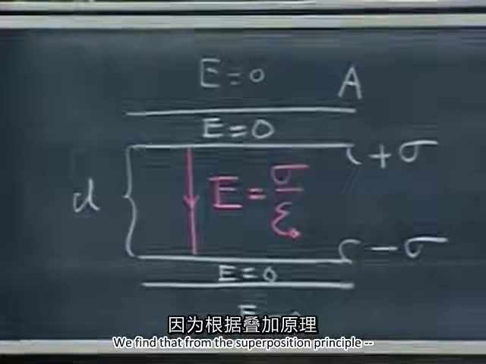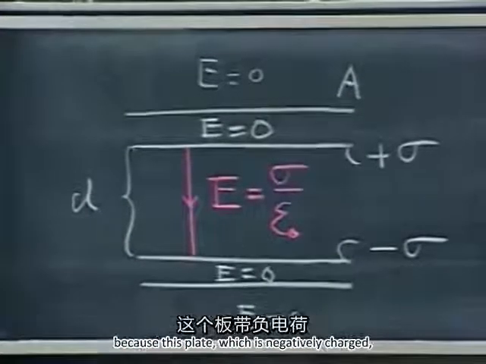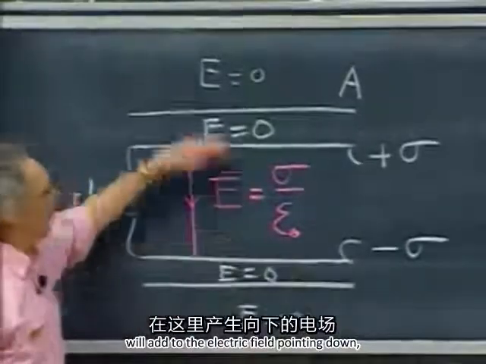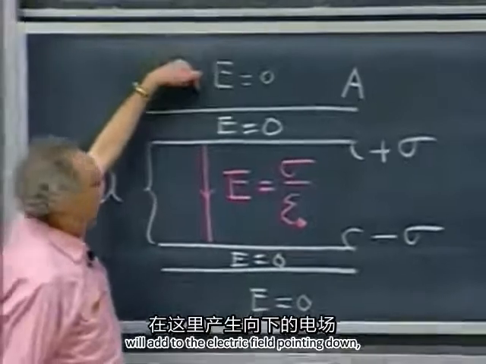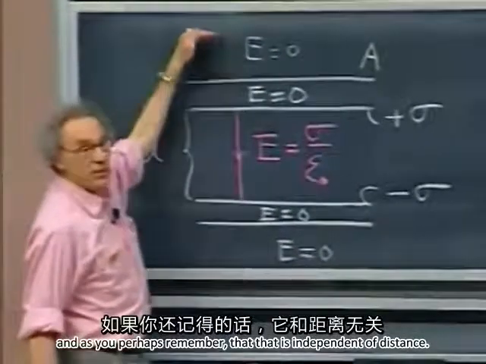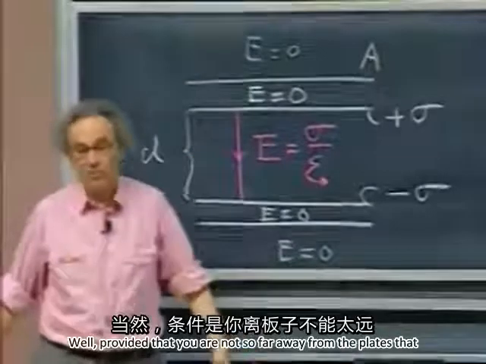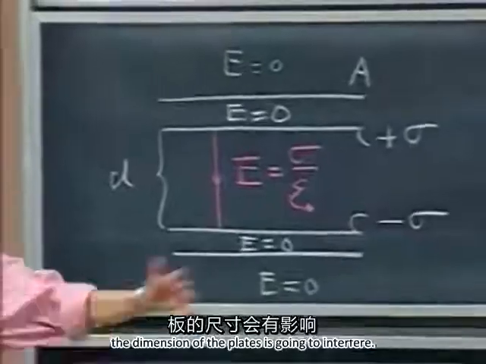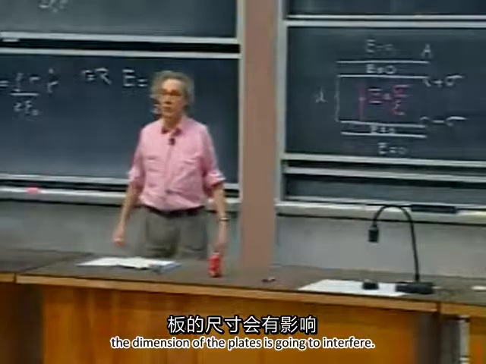We find that from the superposition principle, because this plate, which is negatively charged, will add to the electric field pointing down, and as you perhaps remember, that is independent of distance. Well, provided that you are not so far away from the plates that the dimension of the plates is going to interfere.